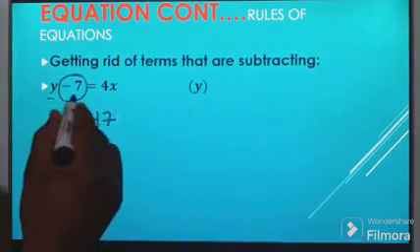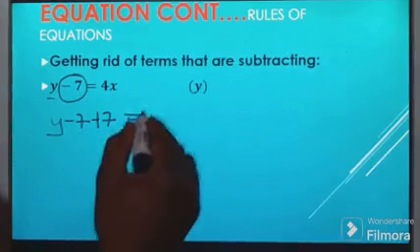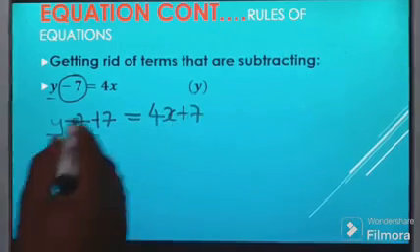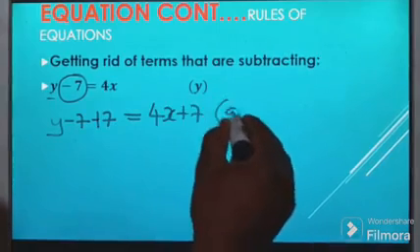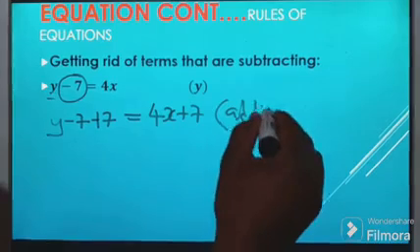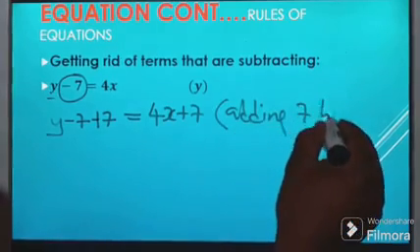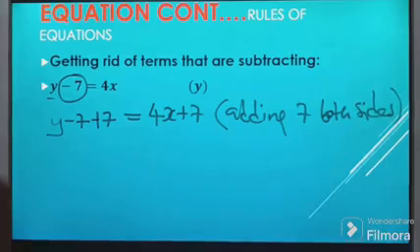To maintain our equation, where we have added 7 here, we also add 7 there. In order to make sure our equation stays balanced, we do the same thing there. We are adding 7 both sides.